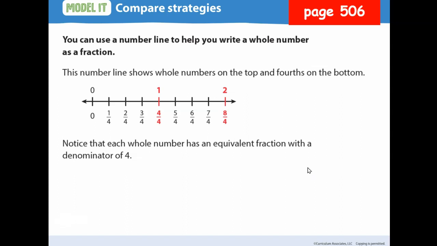I could also use a number line. I could use a number line from 0 to 2 because she used 2 boards, right? And then she cut the boards into fourths, so that's my denominator at the bottom. And then just label each section. 0 to 1 is going to be 4 sections: 1, 2, 3, 4. 1 to 2 is also 4 sections: 1, 2, 3, 4.